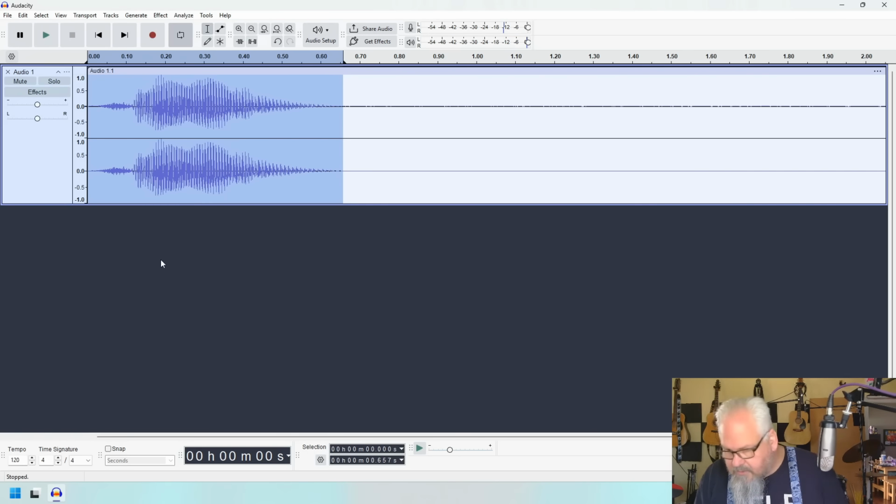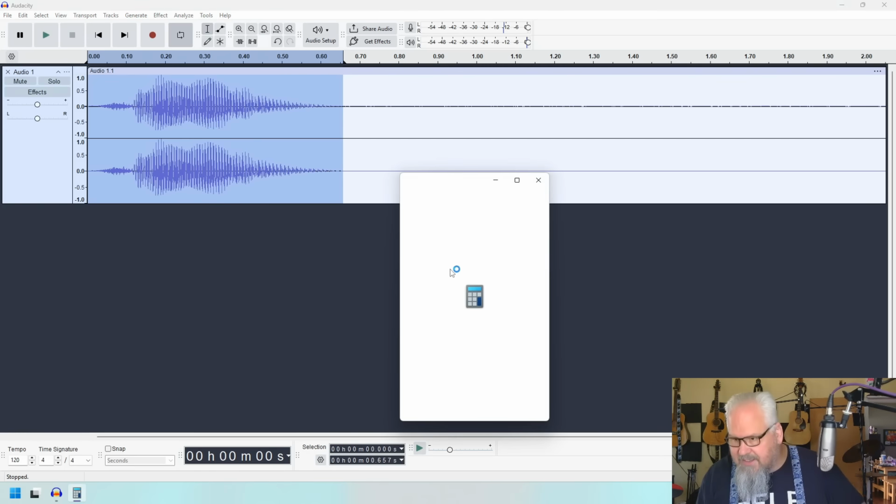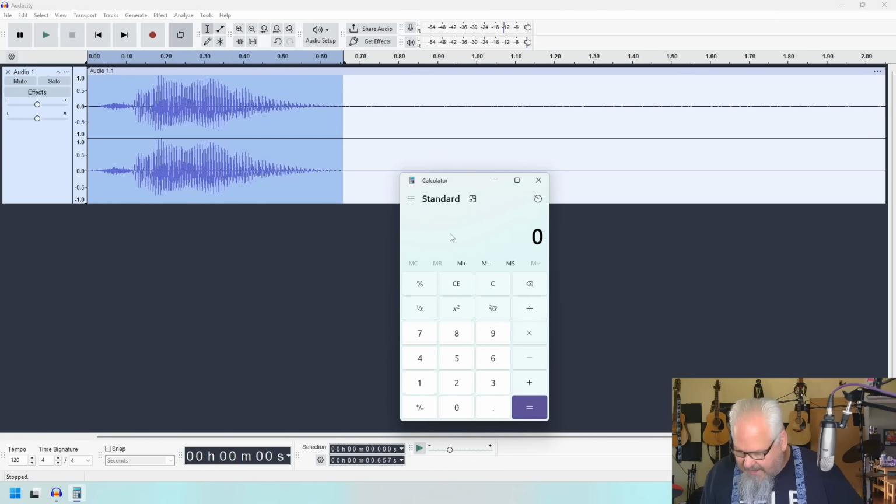Okay, so that works out to be 0.657. So let's do reverse math, which I'm not good at, but which we will try. So I have 60 seconds times, we'll say 0.7. So that's 42 beats per second.